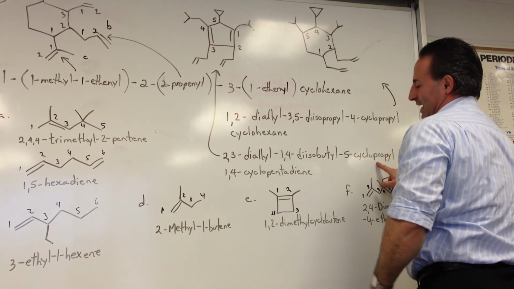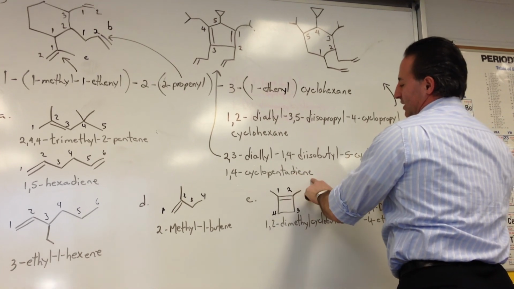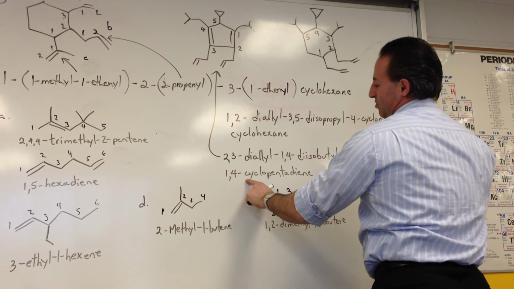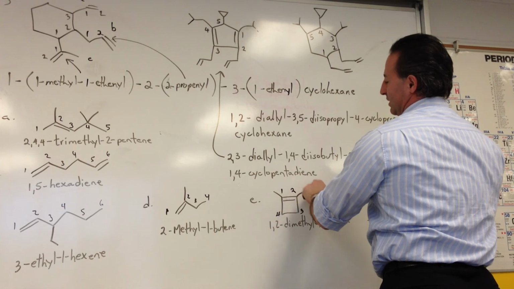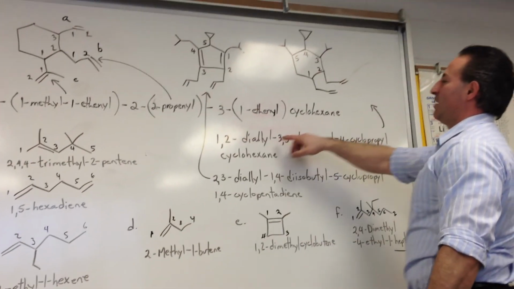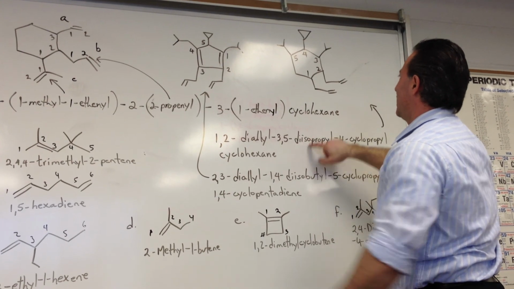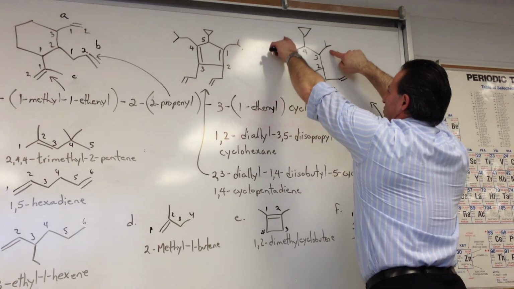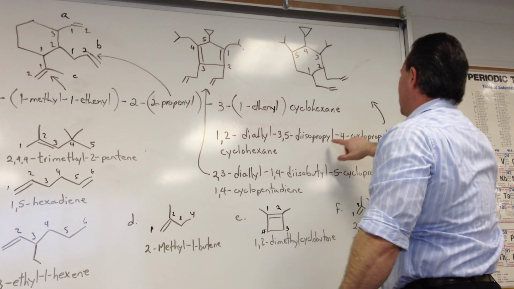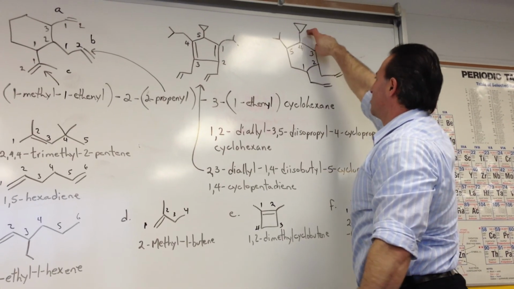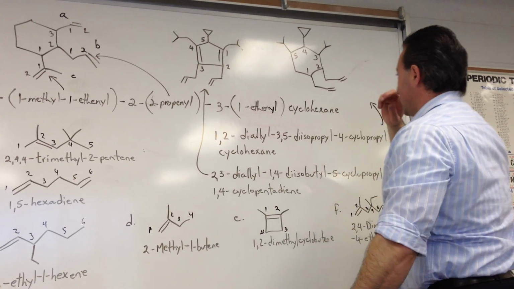the 2 alkenes make it called a diene, and they occur at the 1st and 4th position, so we call it 1,4-cyclopentadiene. This one is named 1,2-diallyl. Here are the allyl groups. 3,5-diisopropyl. These are the diisopropyls with 3 carbons there. And 4-cyclopropyl, 4th position, cyclohexane.